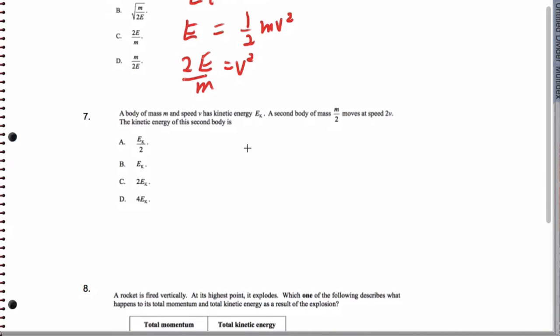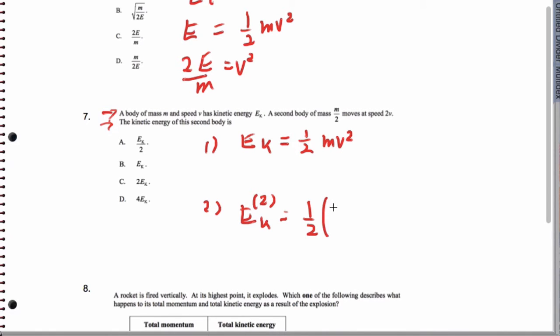Now, for number 7, these comparison problems, you've got basically situation 1 and situation 2. So let's look at situation 1. Situation 1, I've got kinetic energy 1/2 mv squared. Now situation 2, I've got half the mass and twice the speed. And now I just clean it up.